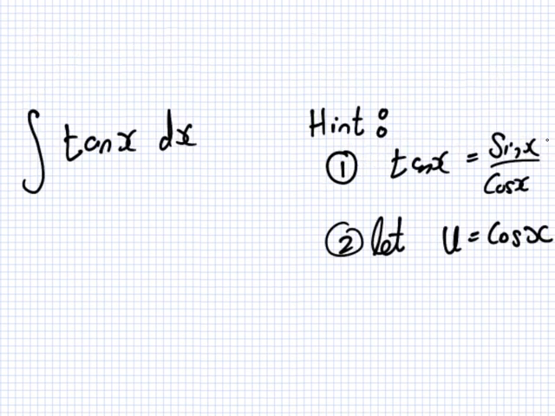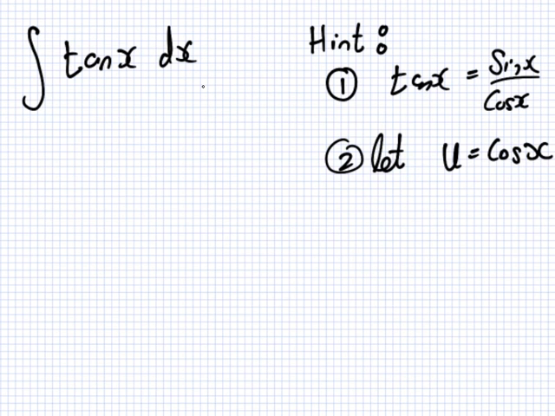And you know what? Tan x has a problem at pi over 2. So just to prevent any kind of problems here, I'm going to say x is between 0 and smaller than pi over 2. So you don't have to worry about anything with tan now.